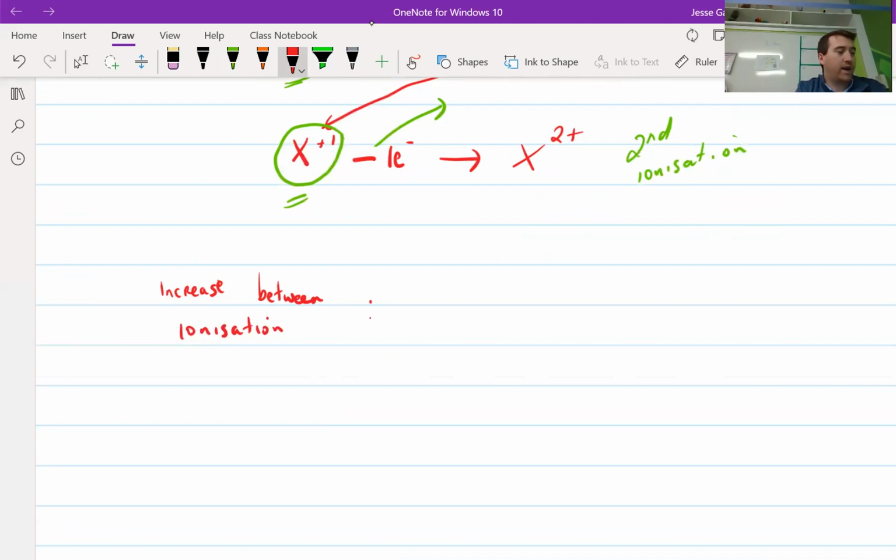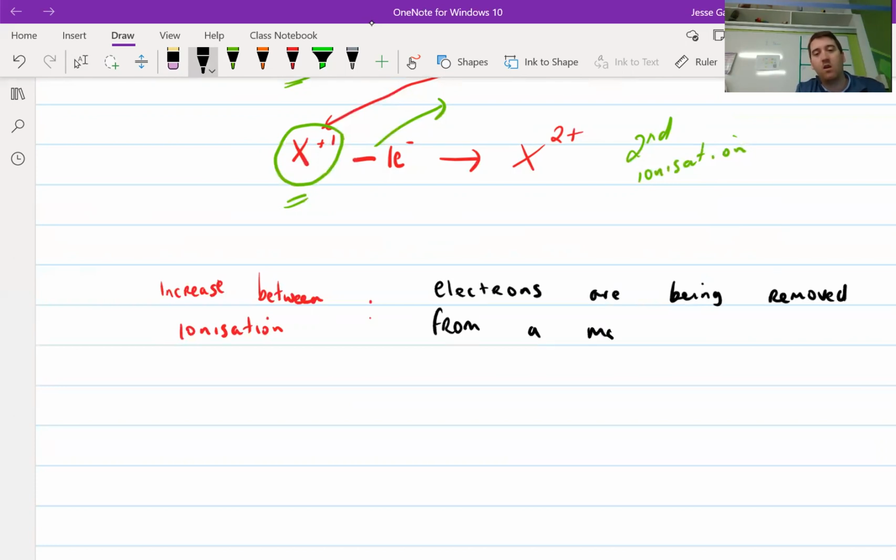Well, the reason for that is that the electrons are being removed from a more and more positive ion or positive atom. Okay, so the positive charge is increasing.